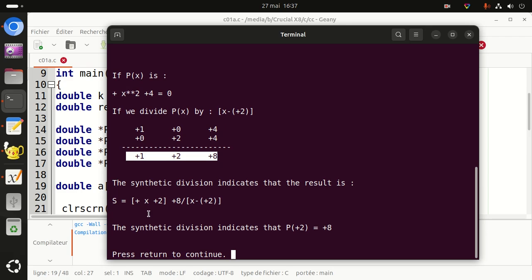You can write this: x plus 2, plus the remainder 8 divided by x minus 2. And the result of p of 2 is also the remainder 8.